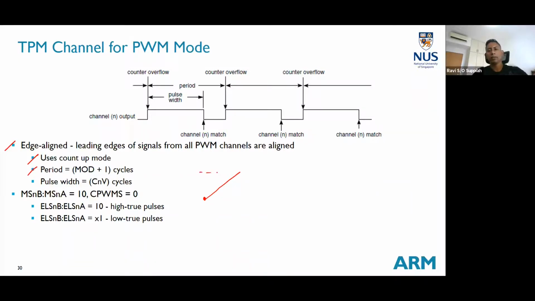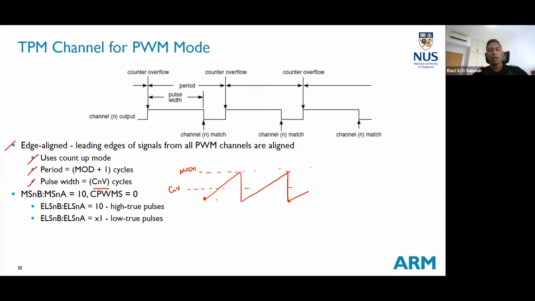This period is defined by the MOD plus 1. The pulse width is decided by the CnV register. So there will be a CnV value that you need to update, and that will decide the duty cycle.